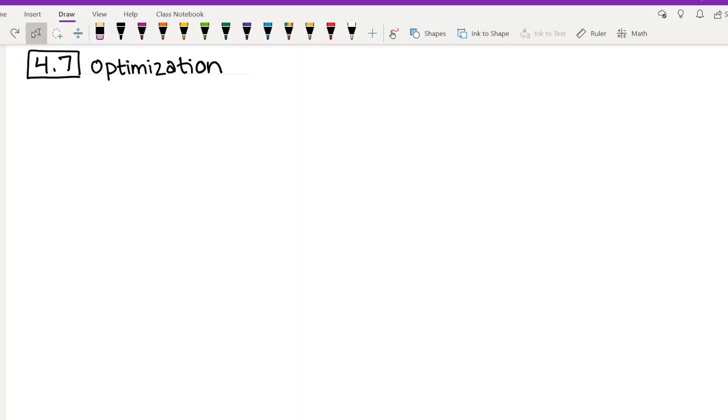Okay, so we're going to start with an example that is not really an example where you have to use calculus, but I think it's a good example because you can really visualize why we can do things the way that we can.